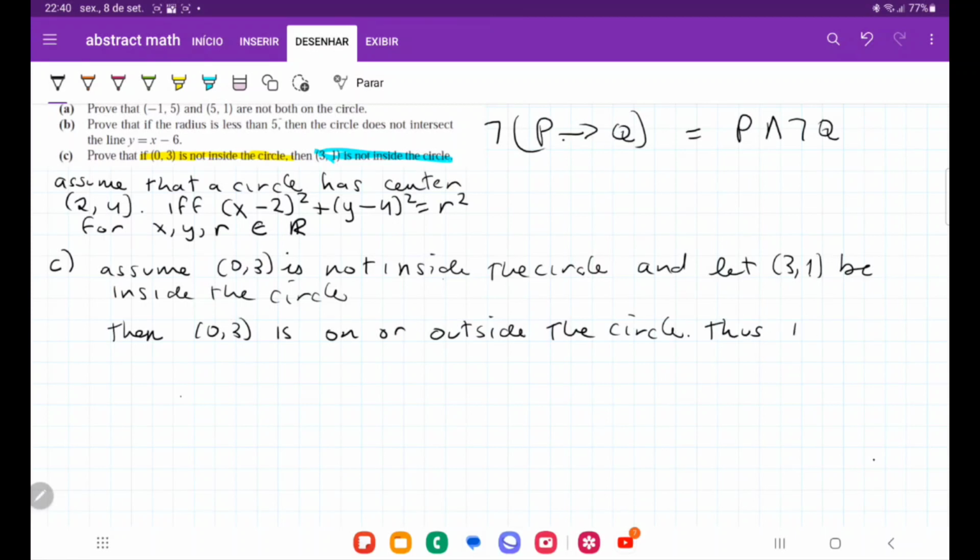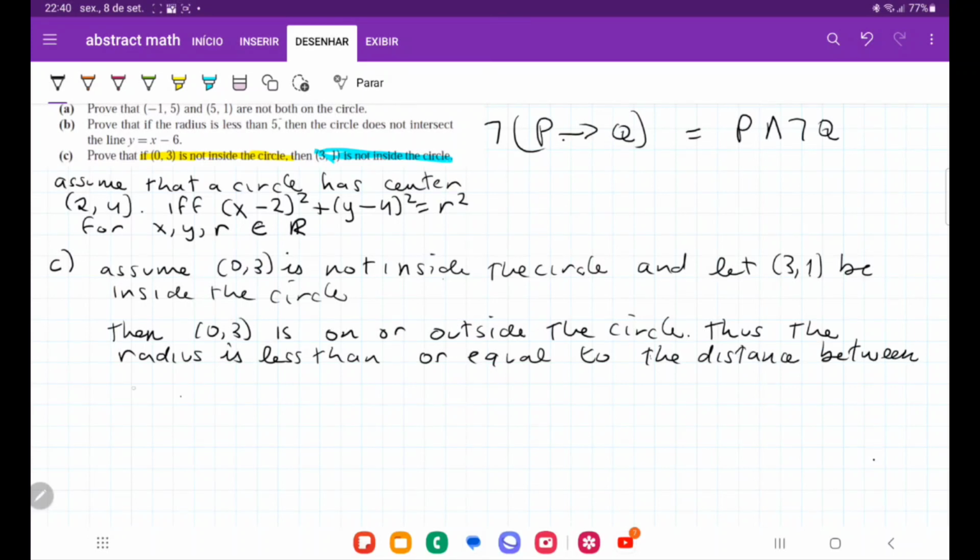Thus, the radius is less than or equal to the distance between center (2, 4) and (0, 3). And that just means, right, if it's on or outside, then the radius is either equal to or smaller than this distance.